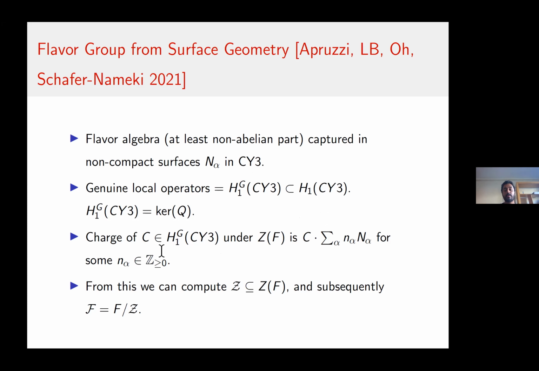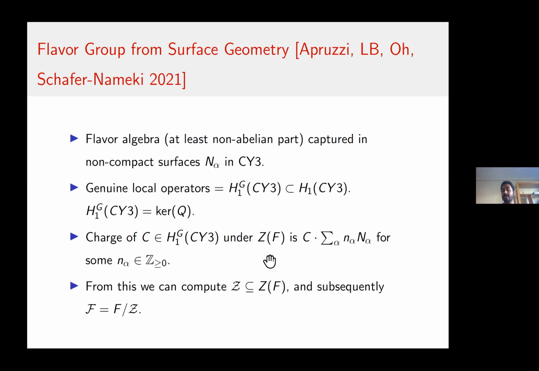Okay. Now we want to compute the charge of one of these gauge invariant objects in the center of the flavor symmetry group capital F. So take some element C inside this H2^G, and you want to compute its charge.